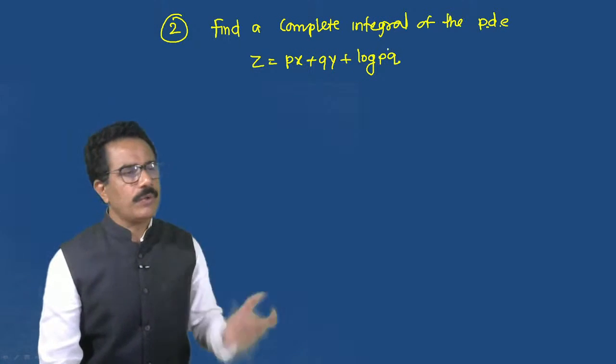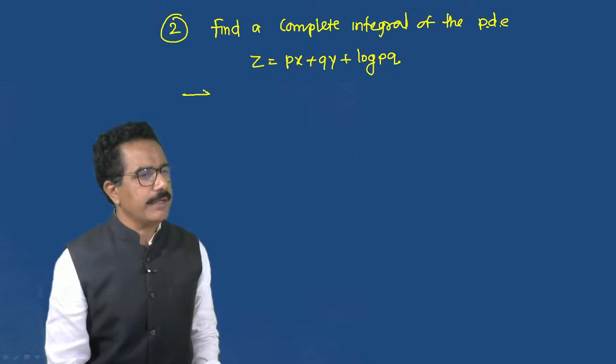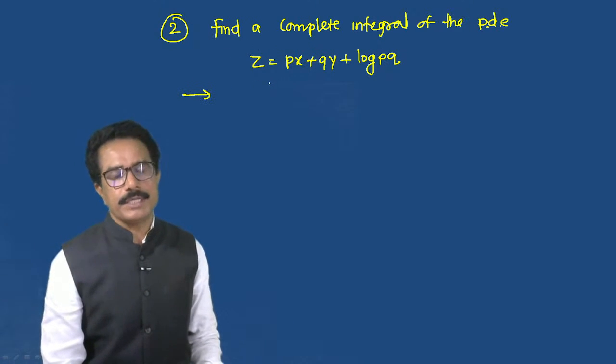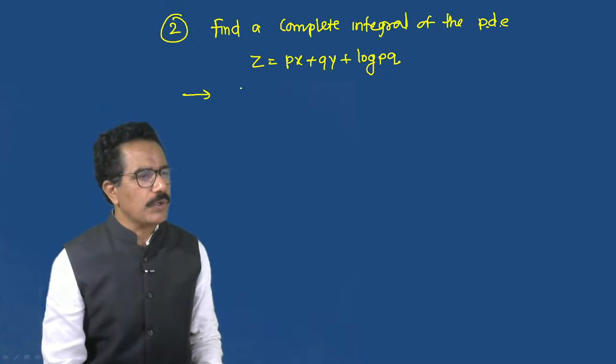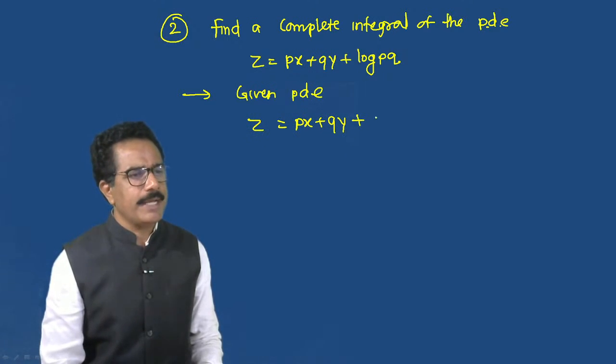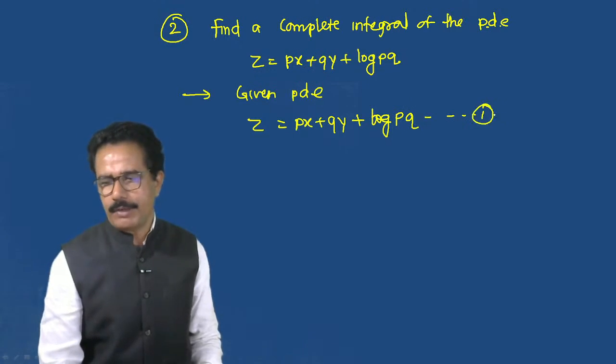Find a complete integral of the partial differential equation. So given PDE z is equal to px plus qy plus log of p comma q. Suppose this is equation number 1.